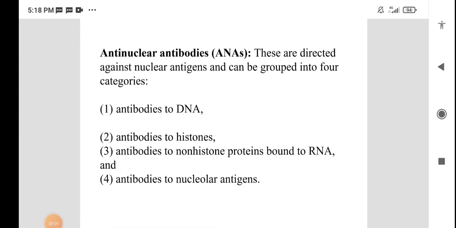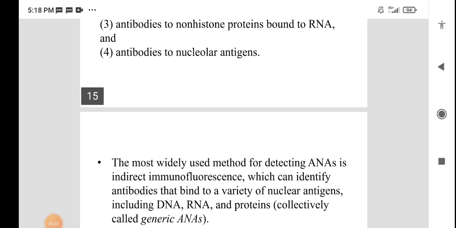Now coming to antinuclear antibodies, ANAs, these are directed against nuclear antigens and can be grouped into 4 categories: antibodies to DNA, antibodies to histones, antibodies to non-histone proteins bound to RNA, and antibodies to nucleolar antigens.